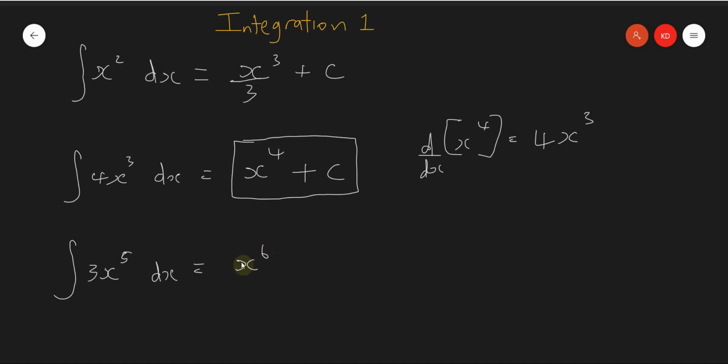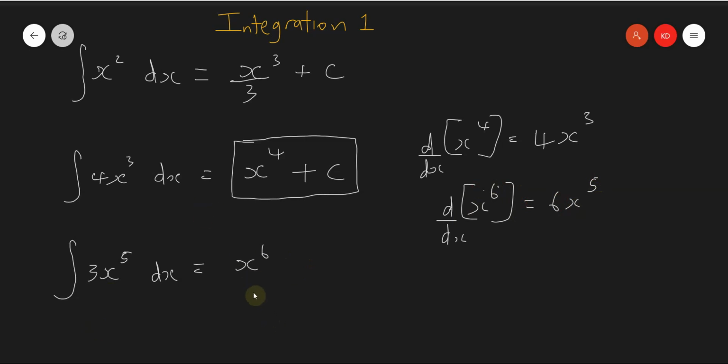But if we differentiate x to the 6th, then we are going to get 6x to the 5th power. So in this particular problem, we do not have 6x to the 5th power. We actually have 3x to the 5th power.